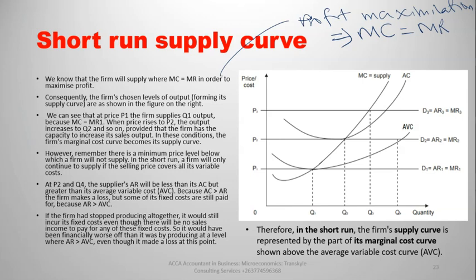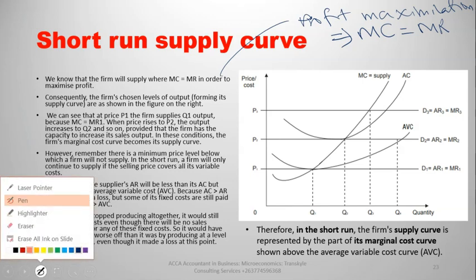So consequently, the firm's chosen level of output forming the supply curve is shown in the figure on the right. So this is the figure we are talking about, that graph on the white space. So right, we can see that at price P1, let me just look for a red pen.